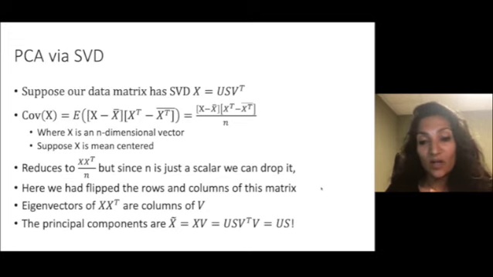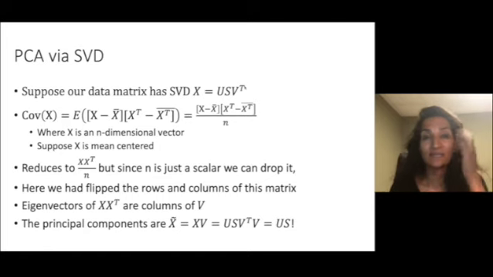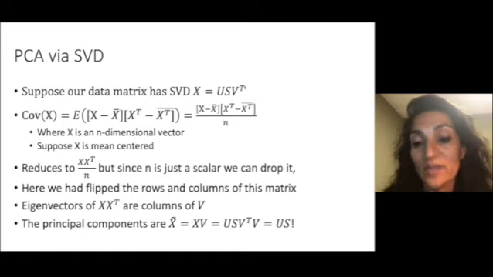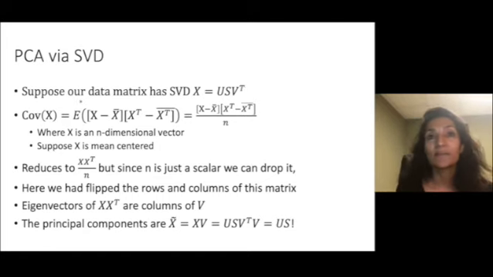We can in fact also use SVD to directly compute PCA. Suppose our data matrix X has SVD U S V transpose. Recall that PCA was defined as the eigendecomposition of the covariance matrix. But in the cases where the data is mean-centered, this reduces to finding eigenvectors of XX transpose.